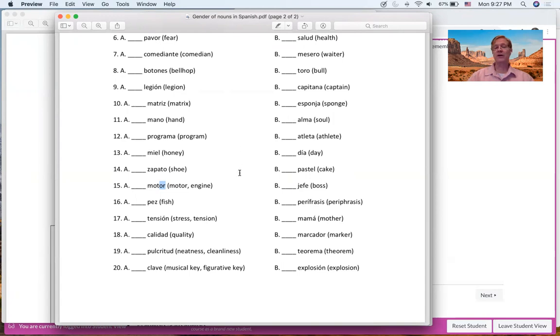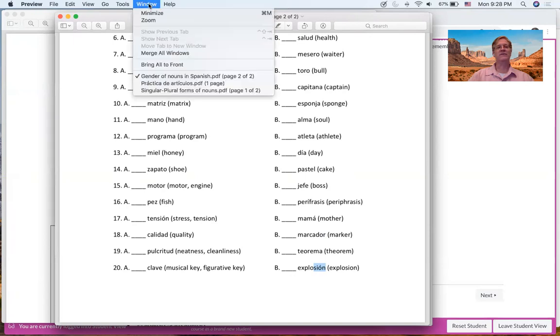Another one is that the ending of the word is very important. The ending often tells you a lot of information. In the case of nouns, it often reveals the gender of the noun. So you want to learn these. Explosión, feminine. Very good.